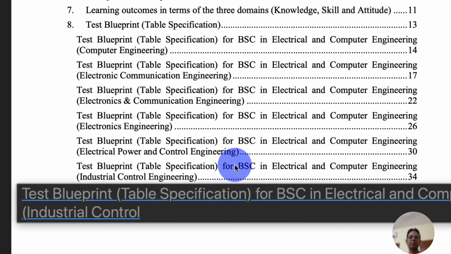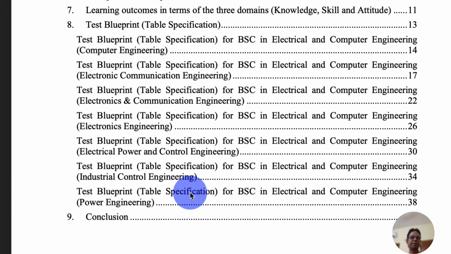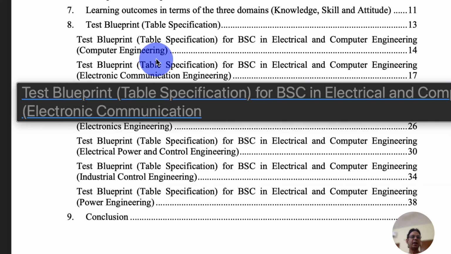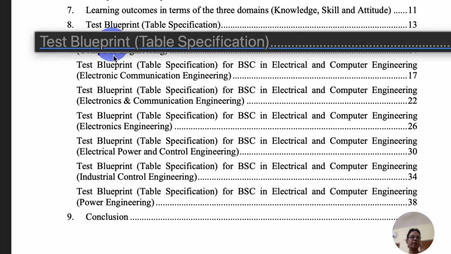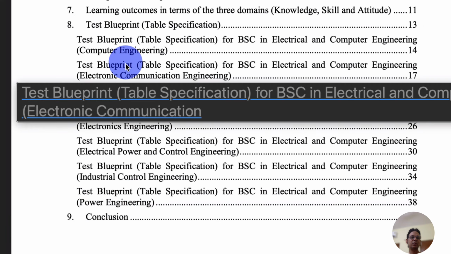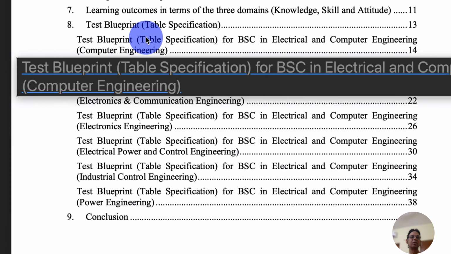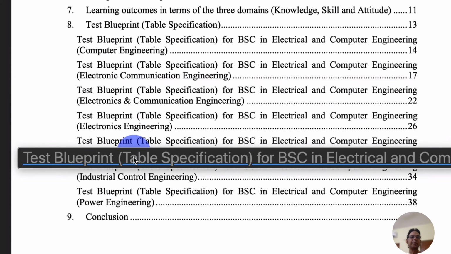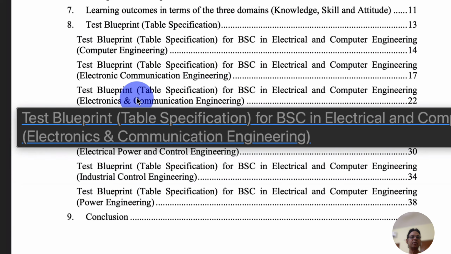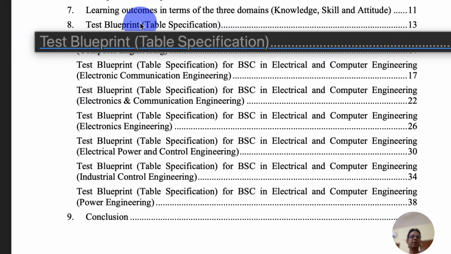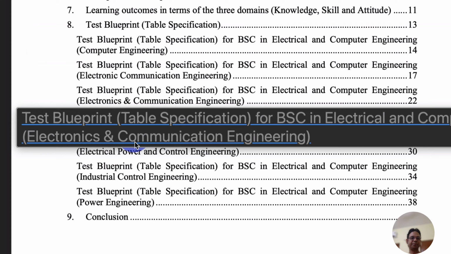Another is for Electrical Computer Engineering, Industrial Computer Engineering specialization. We can see here in the tables there are many blueprints. So this will be the reference for understanding the criteria of questions that will be covered in the exit examination.